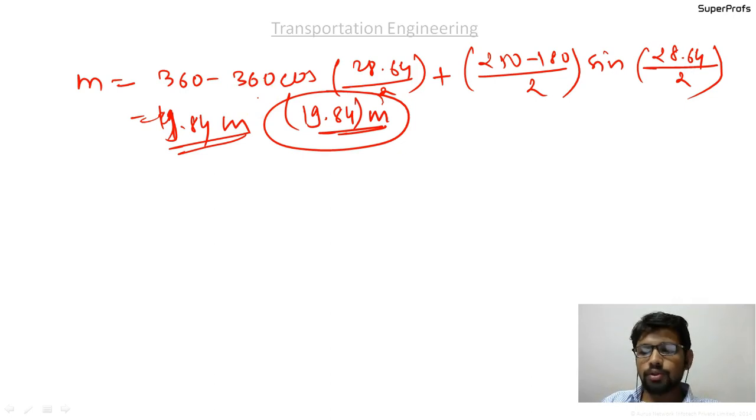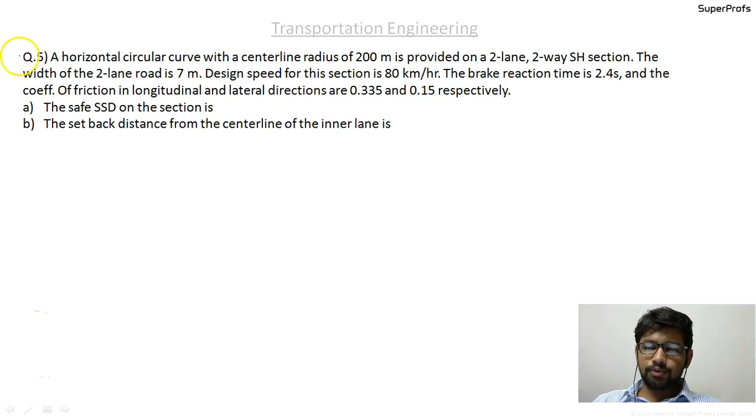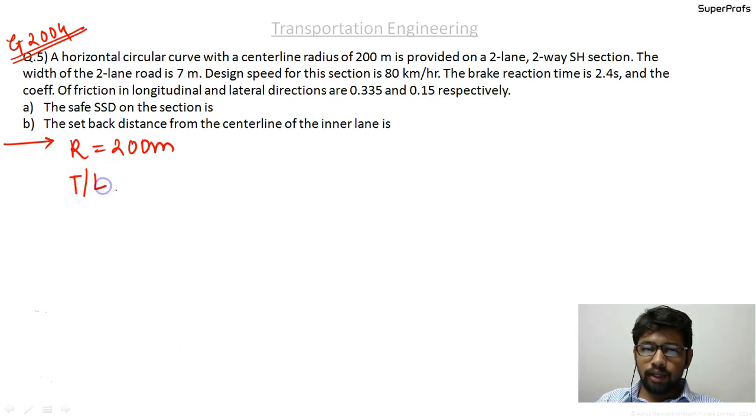So let us now move on to the next question, a previous GATE question, GATE 2004. The question is that a horizontal curve with center line radius of 200 meters is provided on a two-way state highway section. The width of the two-lane road is 7 meters.